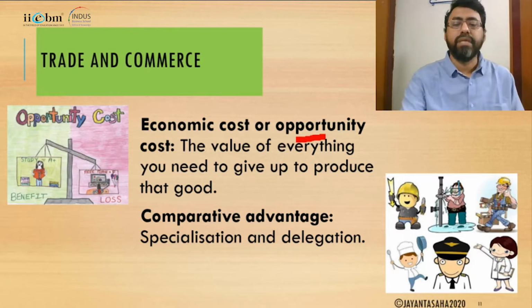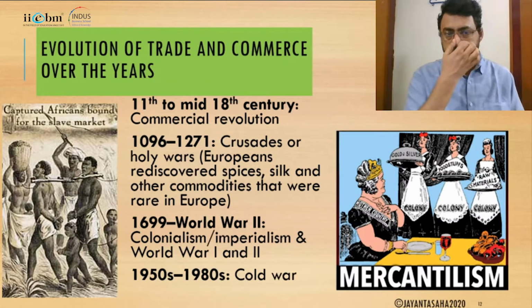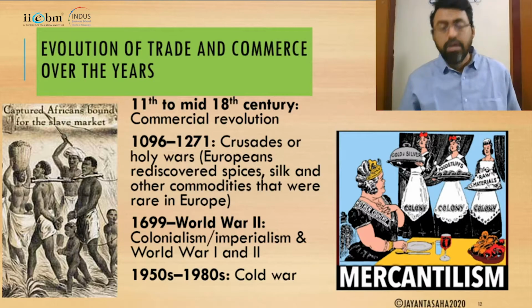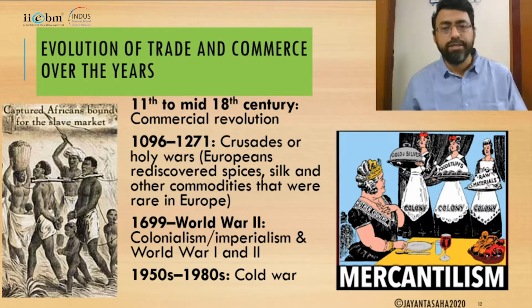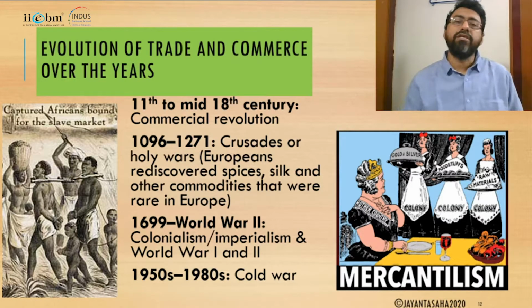Further, let's look at the evolution of trade and commerce over the years. If you are a good student of history, you would know that there are various phases of Western civilization.